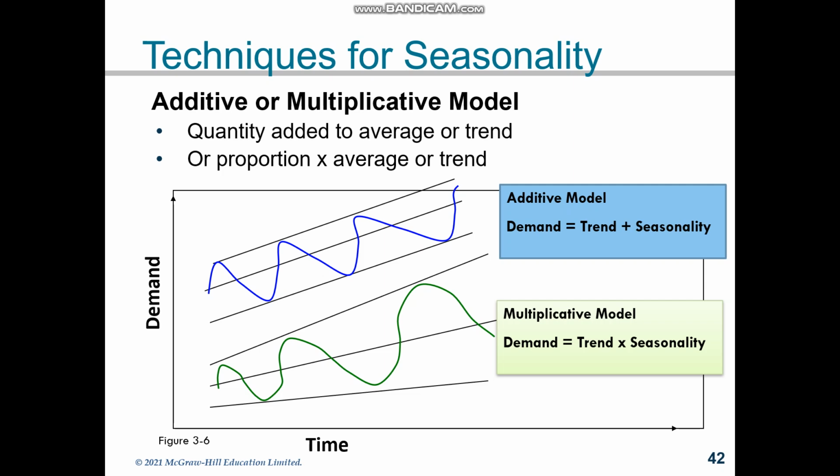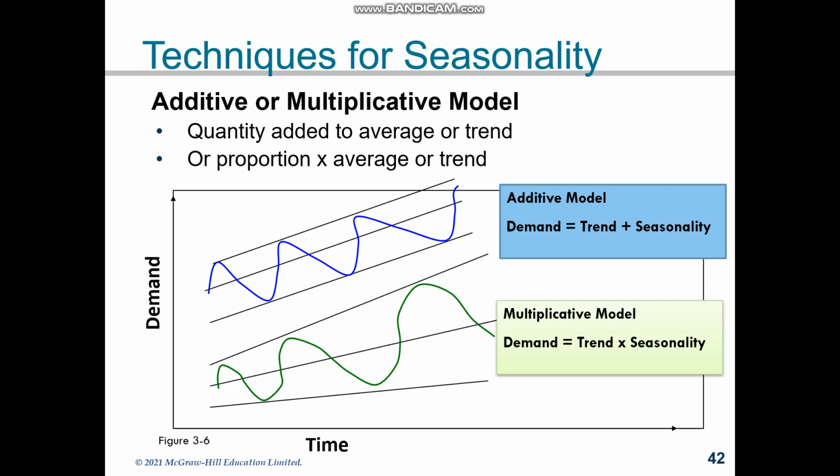Okay, so let's first start with techniques for seasonality. There are two types of models that we use for seasonality: additive models and multiplicative models. In the additive model, seasonality is expressed as a quantity which is added to the series average in order to incorporate seasonality.